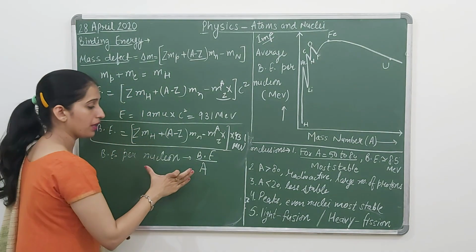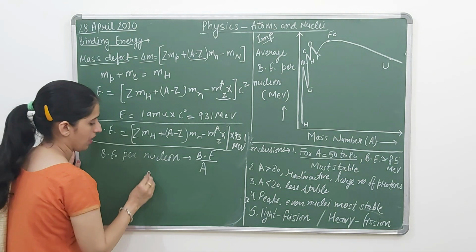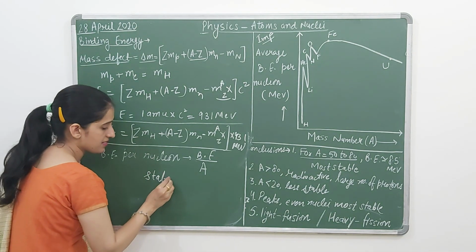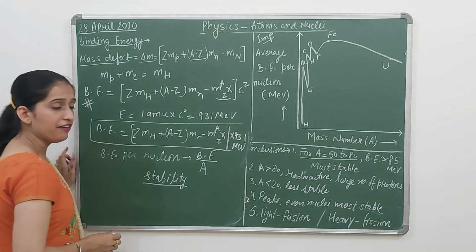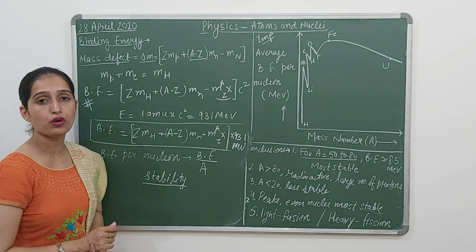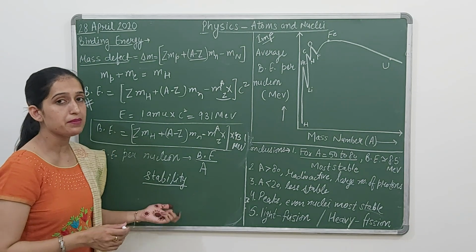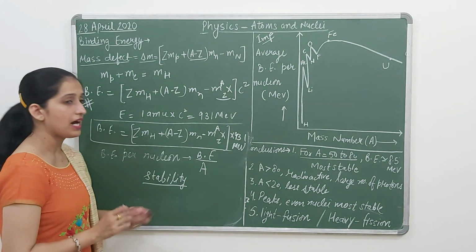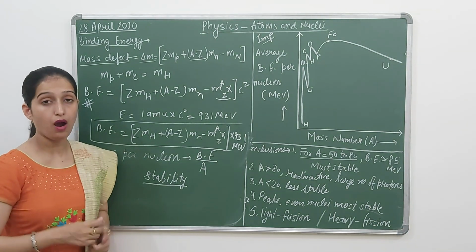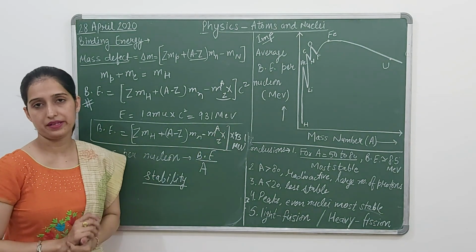Binding energy per nucleon tells us about the stability. If binding energy per nucleon is very high, that shows the stability of the atom. How? Let's see from here.